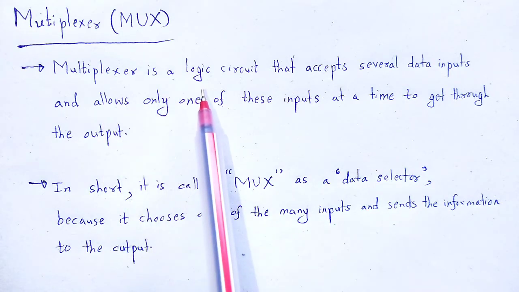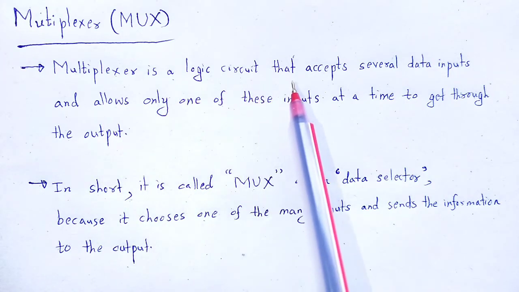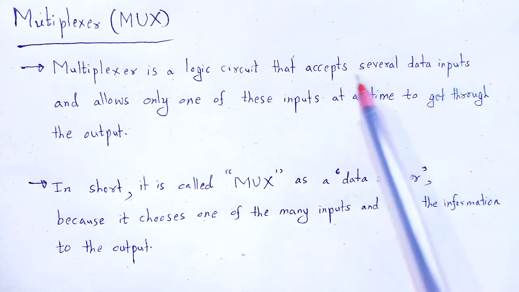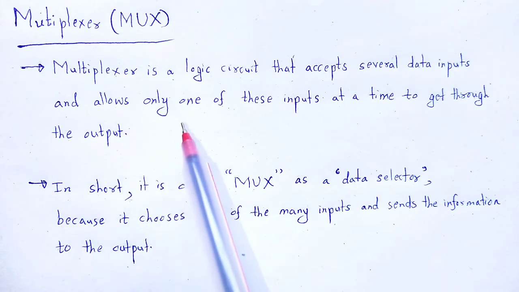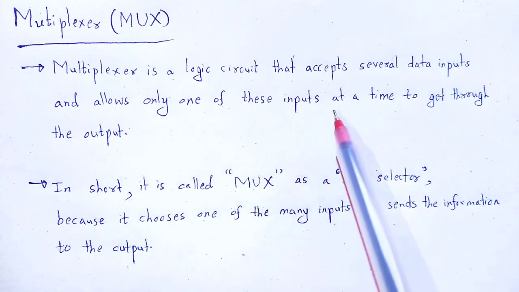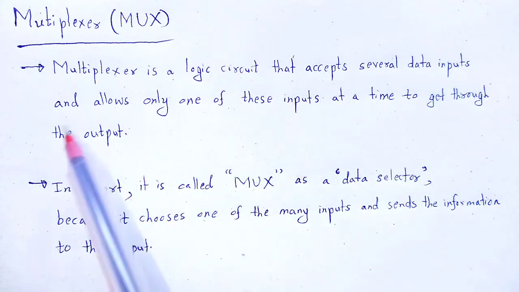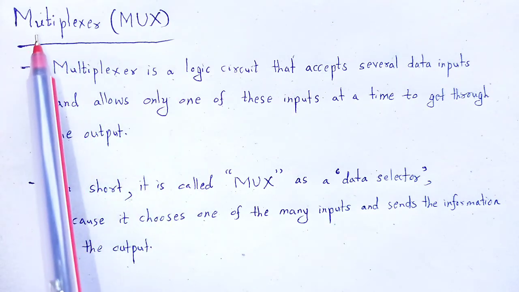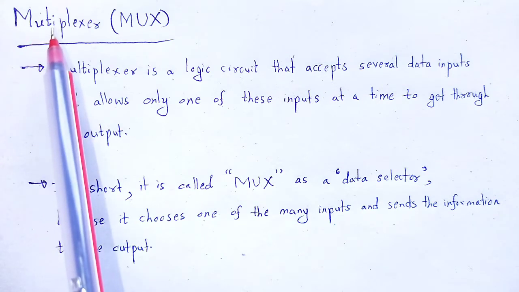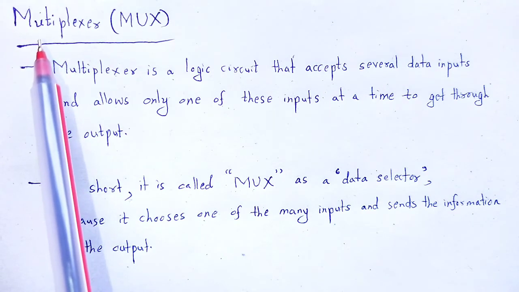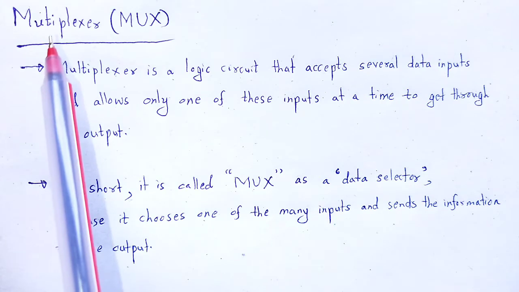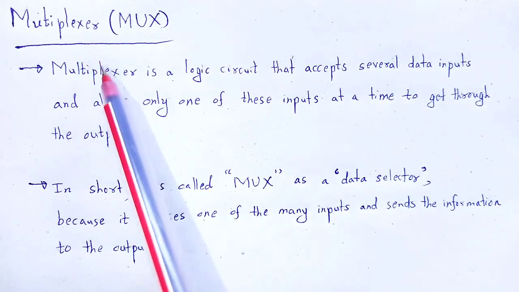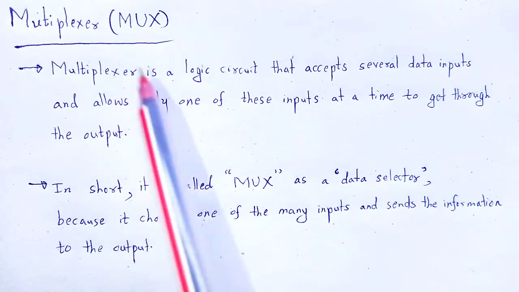Multiplexer is a logic circuit that accepts several data inputs and allows only one of these inputs at a time to get to the output. The name indicates multi. Multi means many, or we can say more than one. Multiplex means many into one.